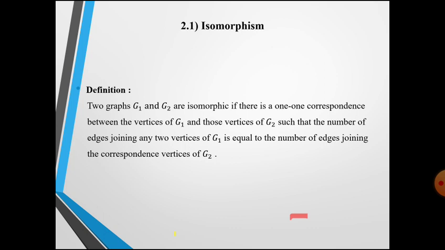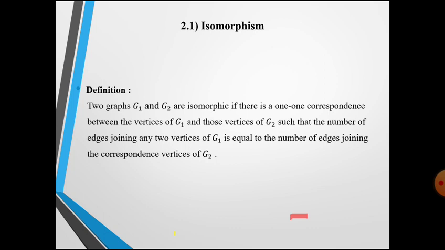This definition says that two graphs are isomorphic if there is a 1-1 correspondence between the vertex set of both graphs as well as the edge set of both graphs, and that the edge set preserves its adjacency relation.